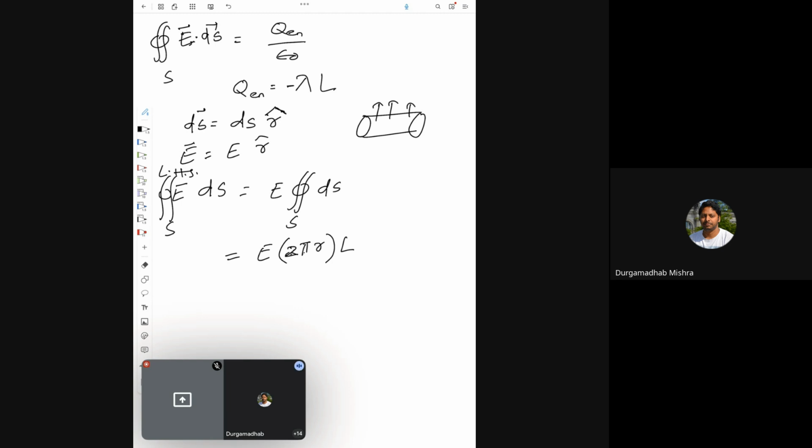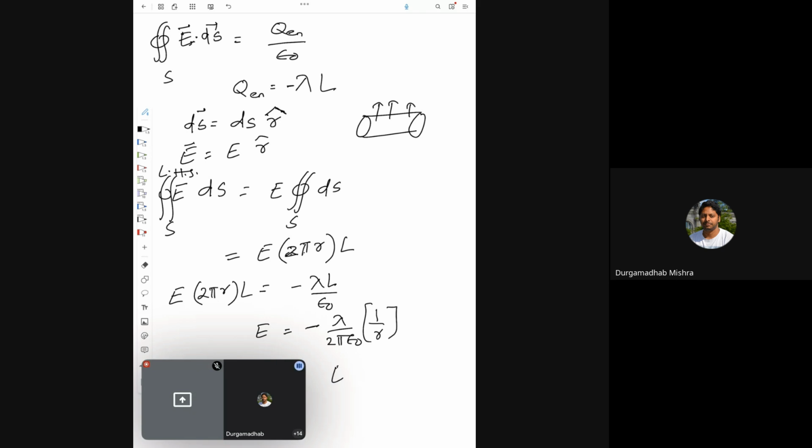So now I can find out the magnitude of the electric field, which will be given by minus lambda L by epsilon naught, or my electric field magnitude will be given by minus lambda by 2 pi epsilon naught, 1 over r. So again, there is a 1 over r dependence, that is the magnitude.